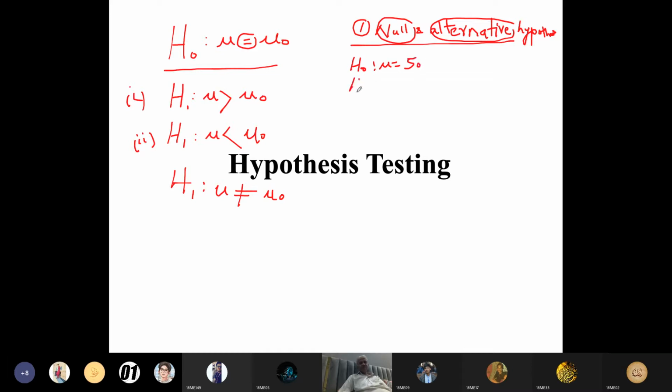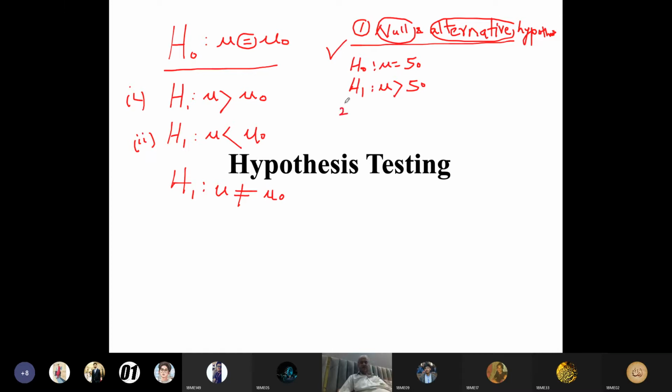And then we will be writing the alternative. Alternative hypothesis goes against the null hypothesis. There, if the sample mean is going to be exactly 50, then no need to test further. So let's say the sample mean is more than 50, so we say it's greater than 50. This one is the first step, where you write the null and alternative hypothesis.